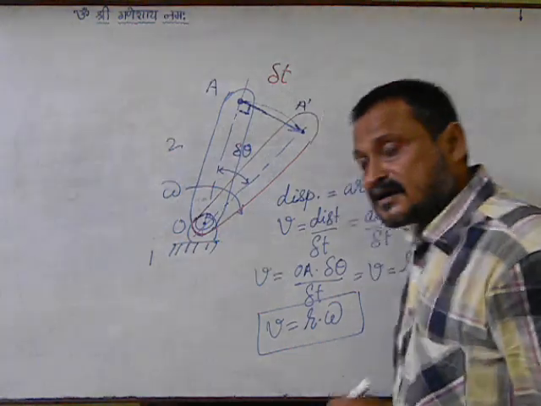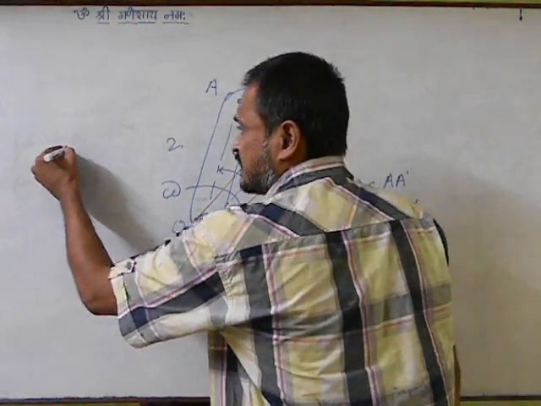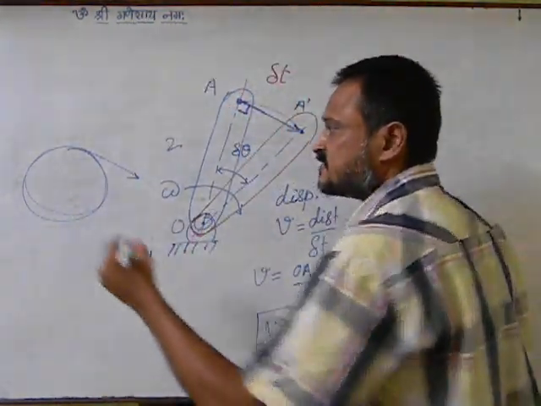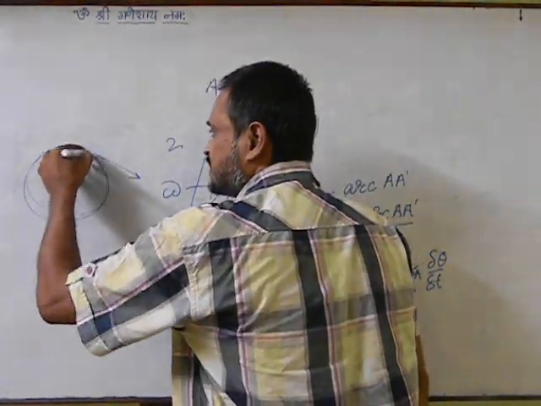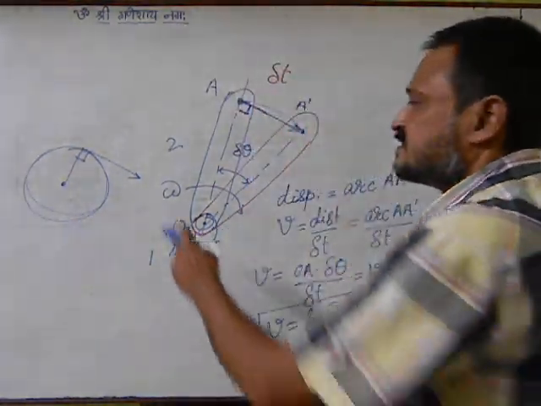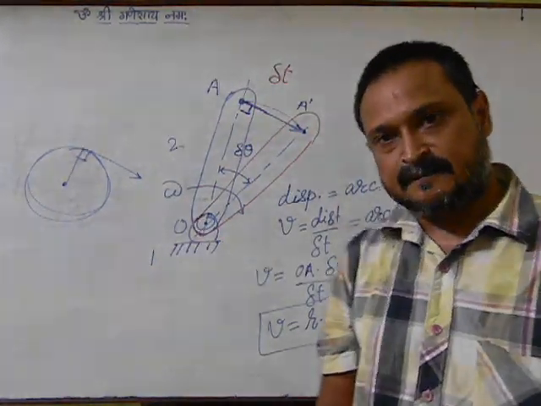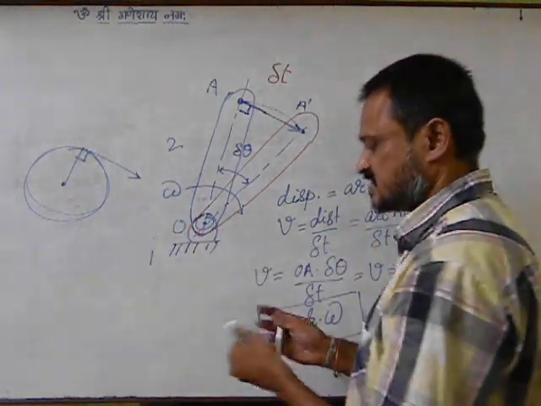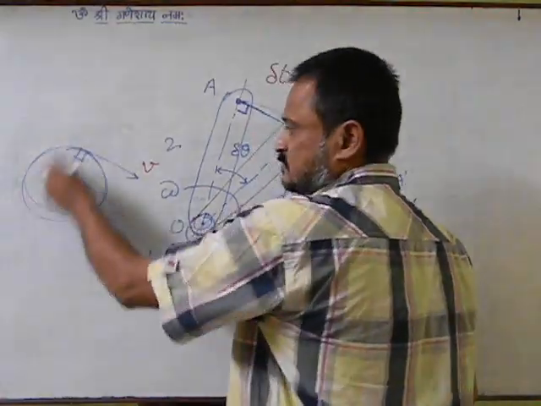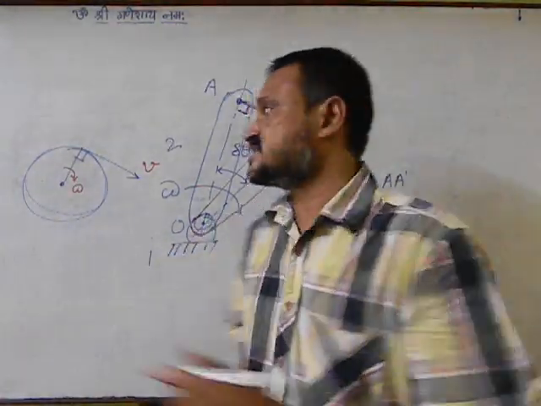I have earlier also said that the path taken when a point is rotating will be tangential. If it is tangential, the tangent is always perpendicular to the radius. That means the linear velocity vector is perpendicular to the radius of rotation of that particular point A.